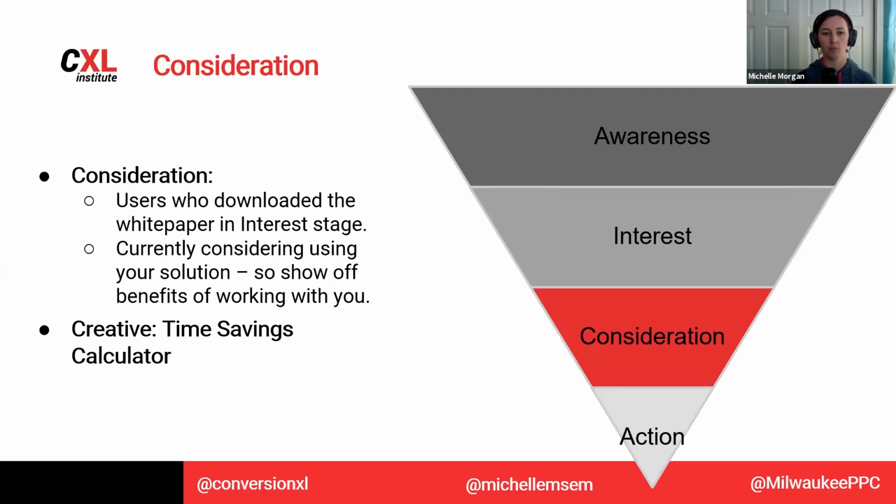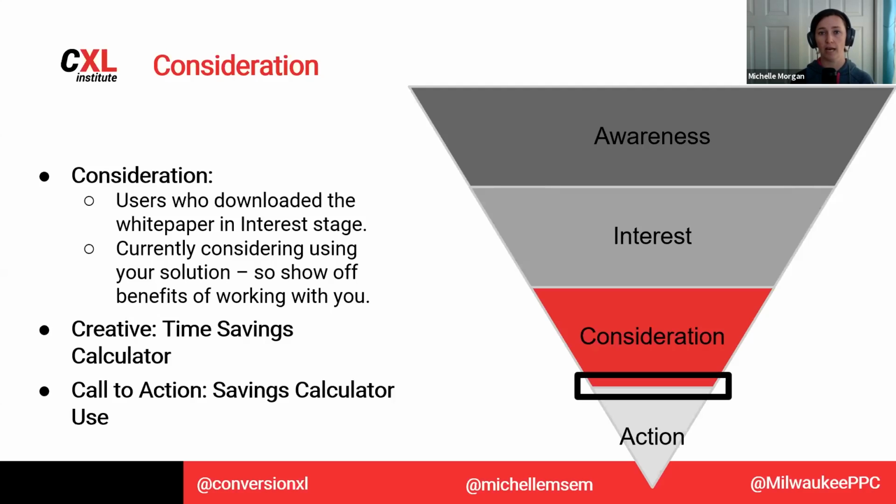They can go in, plug in how much time they're spending now, how much money they're spending now, and the tool spits out what they could get from there. So this is starting to show how our business can really help theirs and get them through the consideration phase. Once they have used that tool, that's the call to action that we want, and we'll eventually send them into the next stage. Again, if they don't use that tool, they'll stay in that consideration phase until they do.